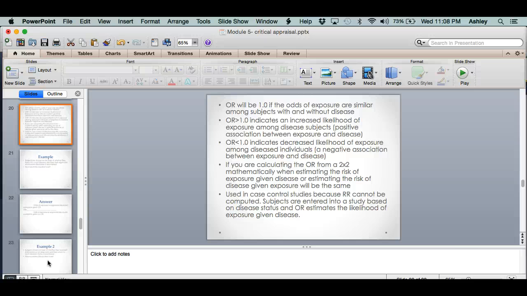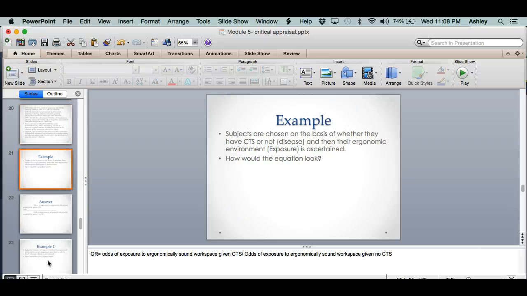So subjects are entered into a study based on disease status, and odds ratio estimates the likelihood of exposure given disease. Now again, we haven't really focused on case control studies, but you need to have an understanding of what some of this is. Now here's an example.